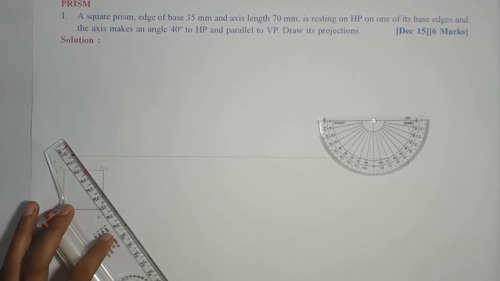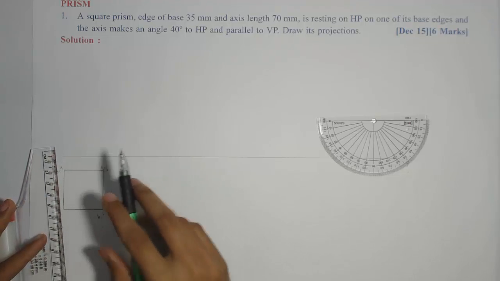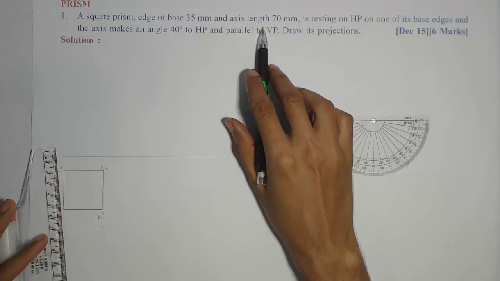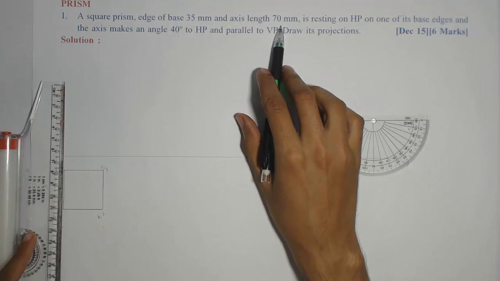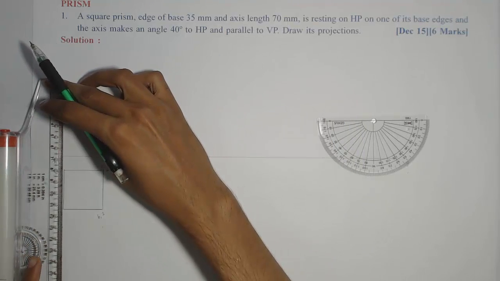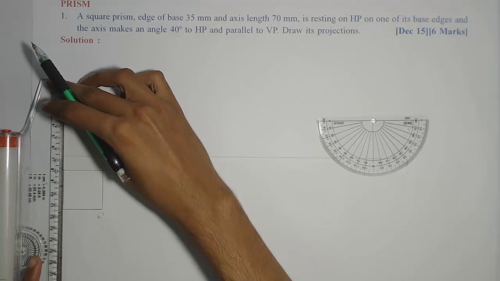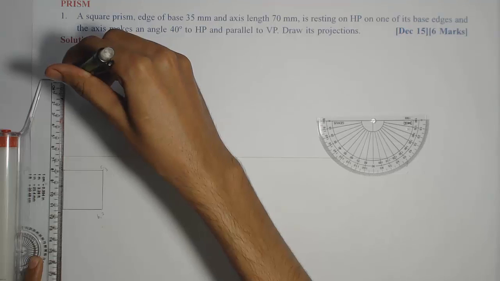The front view will be seen as a rectangle of base 35 mm and height will be the same as the axis length, which is 70 mm. I'll just produce this, and since the base is kept on the HP, my front view will start from the XY line. So I need to just project it upwards.